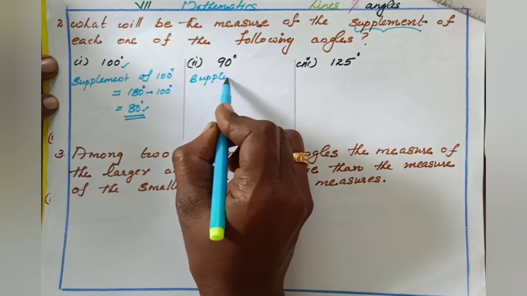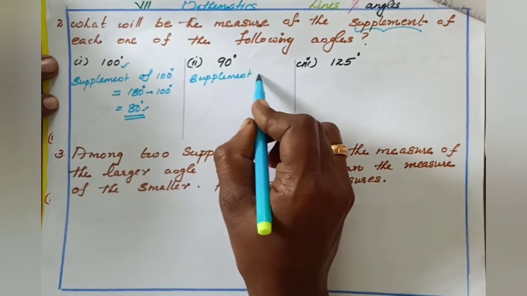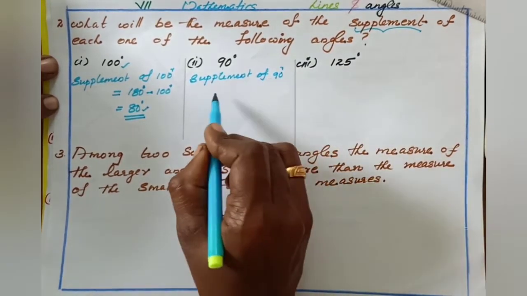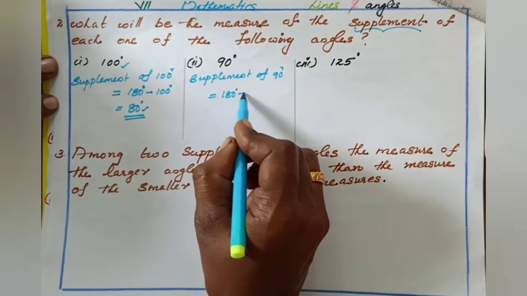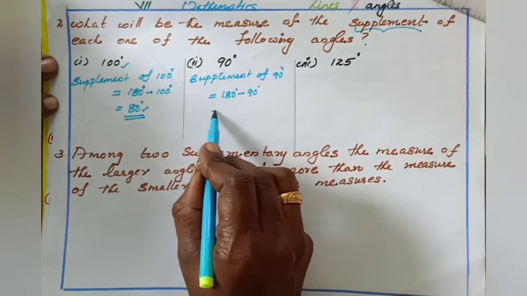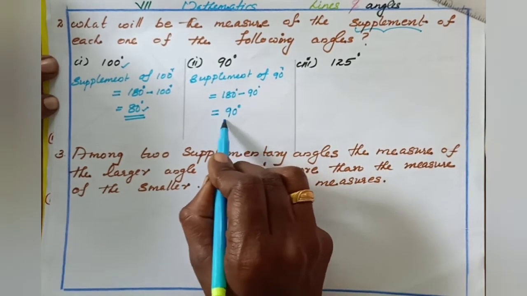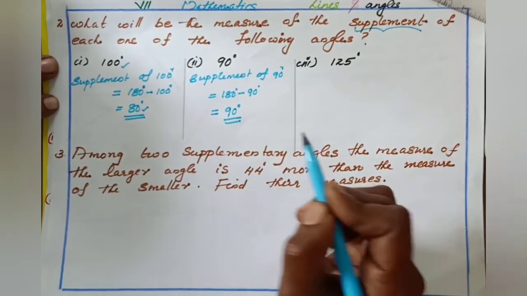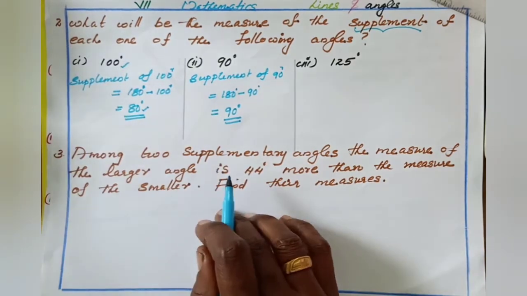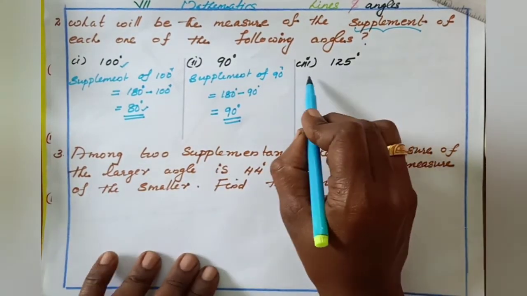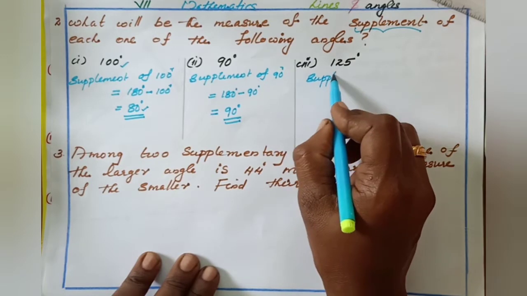Then the second question is 90 degree. So the supplement of 90 degree equals 180 minus 90 degree, which is 90 degree. The supplement of 90 degree is 90 degree. Then find the supplement of 125 degree.